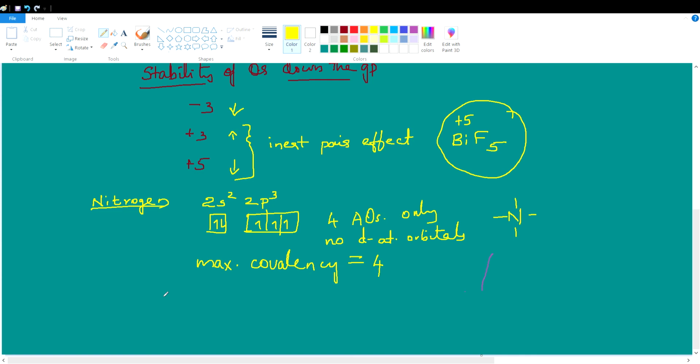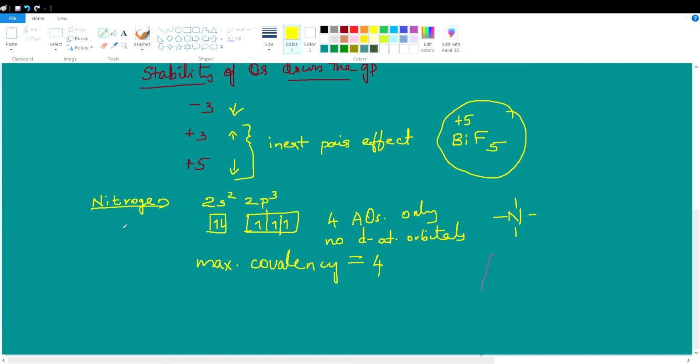For all the other members, phosphorus onwards, covalency can be beyond 4 because they contain d atomic orbitals. More orbitals are available for bonding, but nitrogen has only 4 atomic orbitals. The maximum covalency of nitrogen in any compound will be 4. More than 4 is not possible.